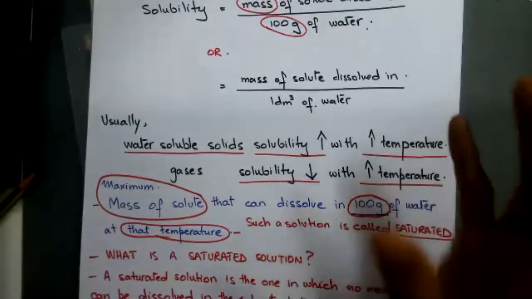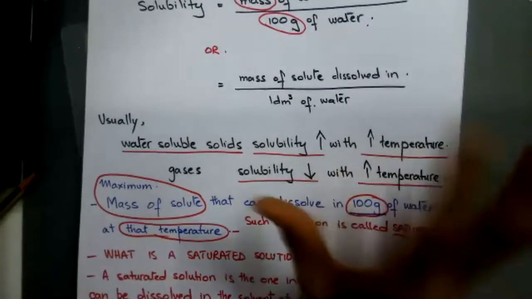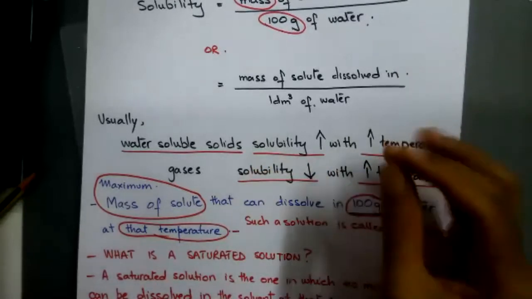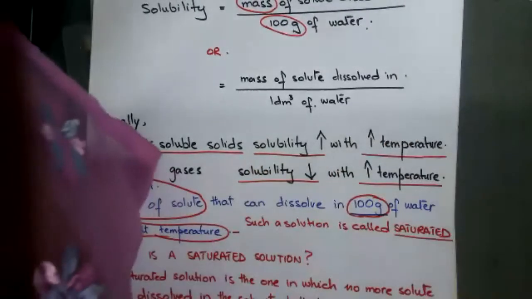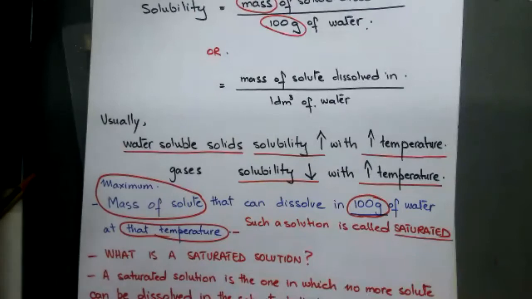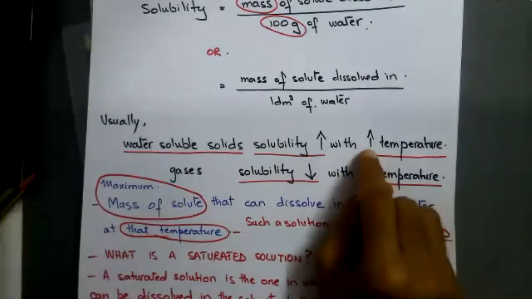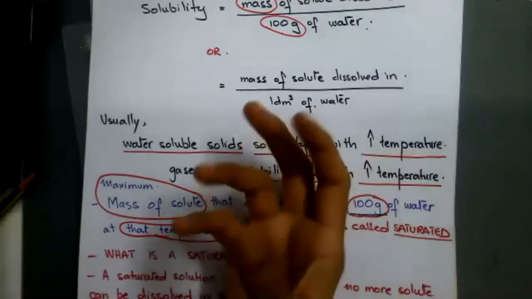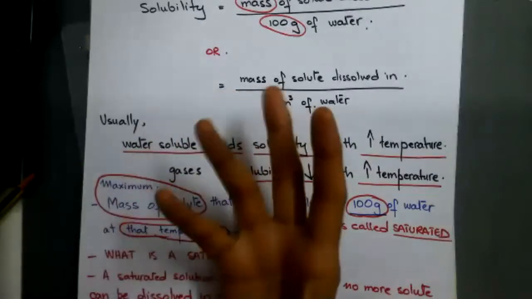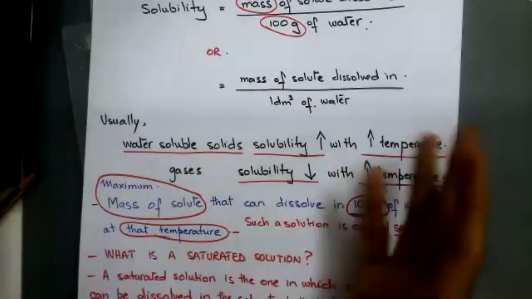So keeping that process of dissolving in mind, we understand that when anything dissolves in water, it tries to get in between the water molecules, right? As the temperature increases, the molecules start colliding more forcefully and they move away from each other.